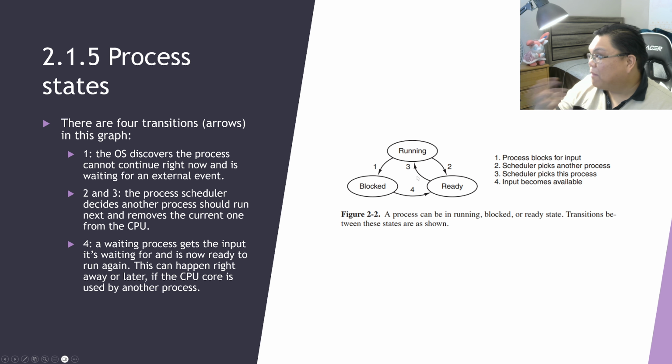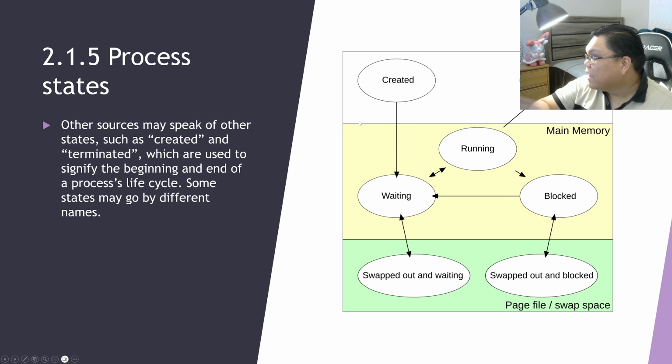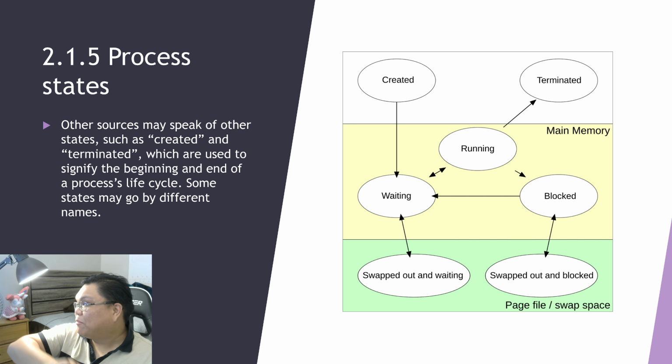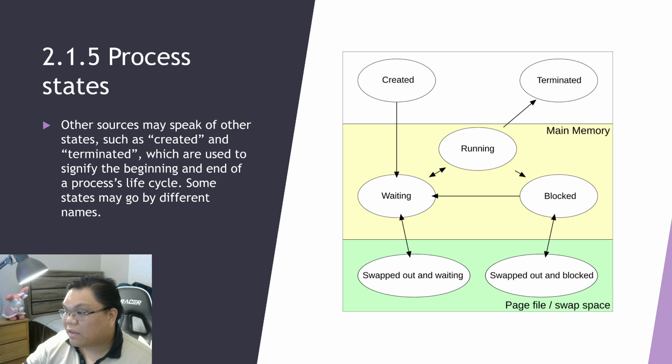There are more in-depth state diagrams than this. For example, this one's from Wikipedia. It might talk about other states such as created, terminated. Those are to signify, hey, a process has been made and a process has finished its work. We also have these 2 extra states called swapped out and waiting, and swapped out and blocked.